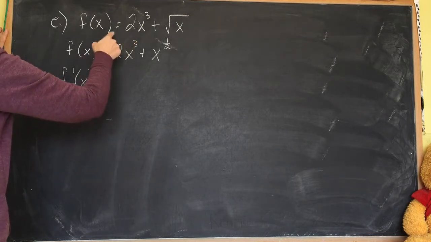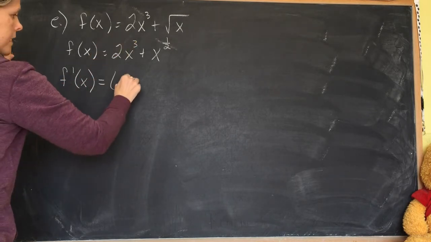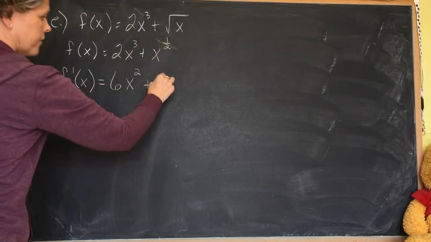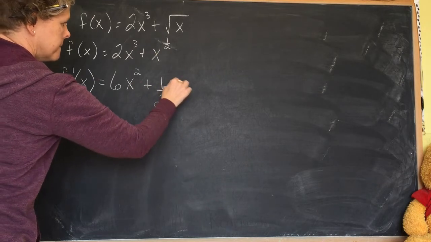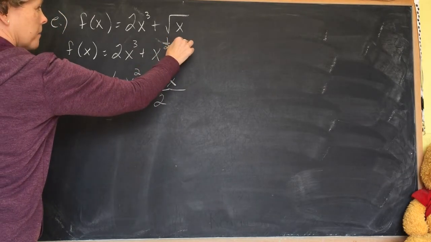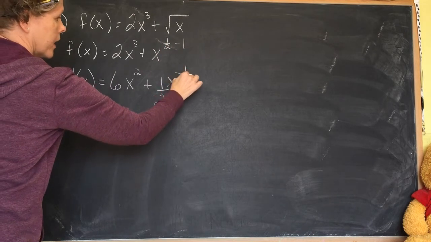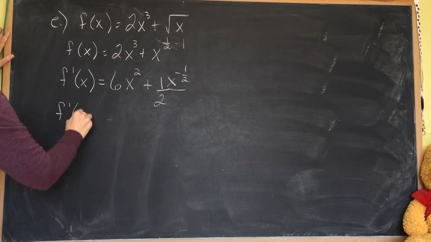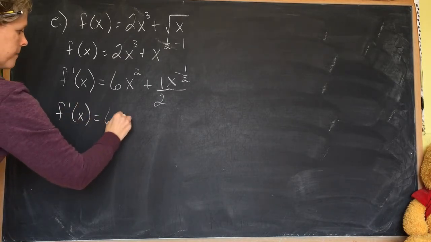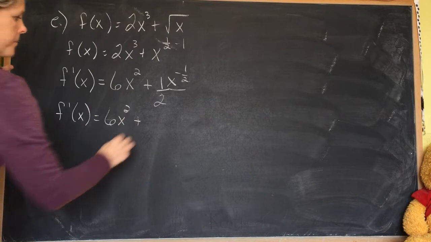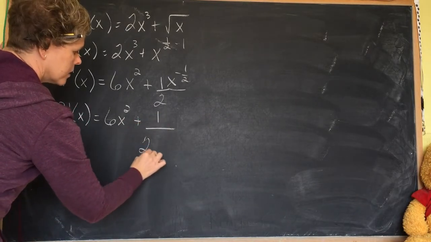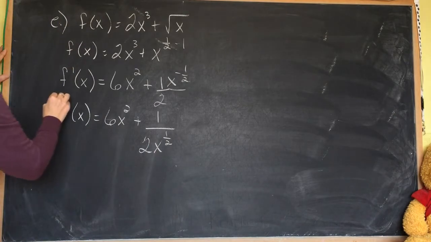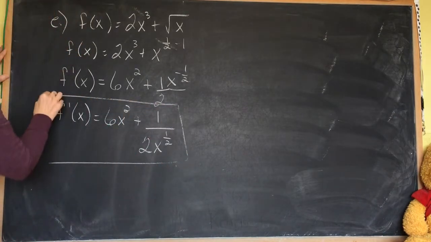So I'm going to bring that 3 down in front, becomes 6x squared, plus 1/2 goes down in front. But 1/2 minus 1 is going to be a negative 1/2. So when I rewrite my final answer, because your answer always has to have positive exponents, it's 6x squared plus 1 is on top, 2x to the 1/2 is on the bottom. And then that is your answer.